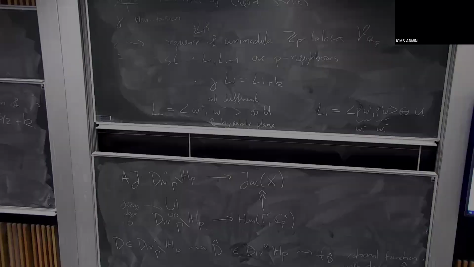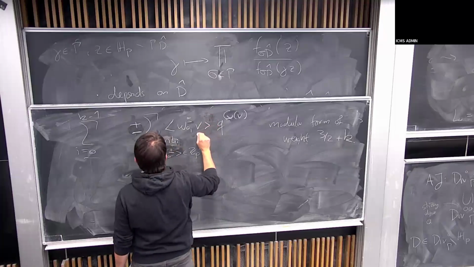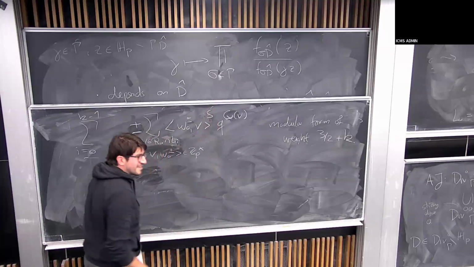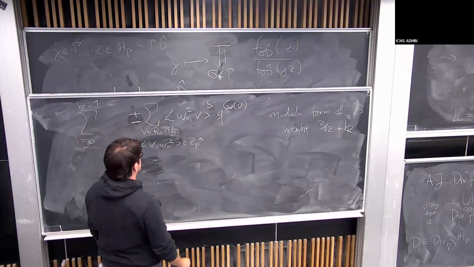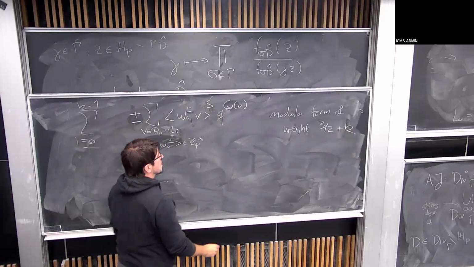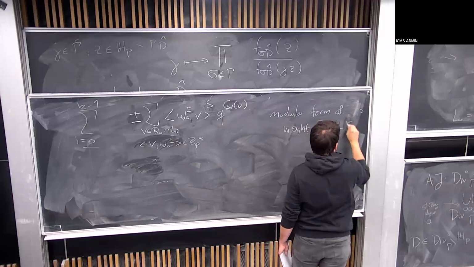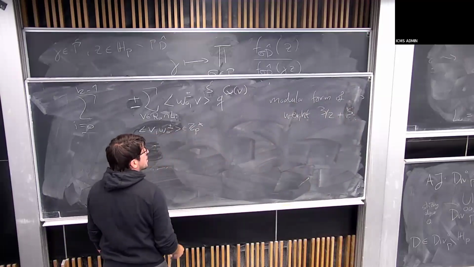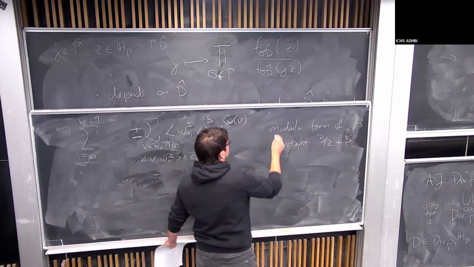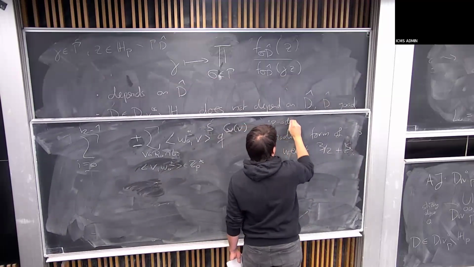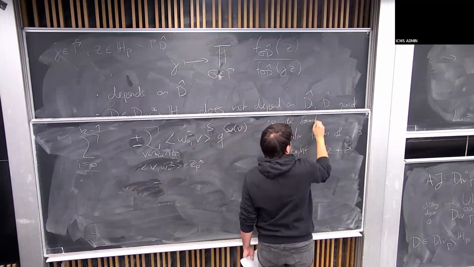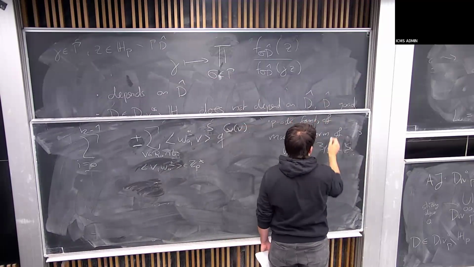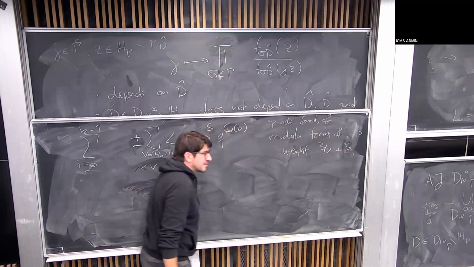Okay. And so now this is really like a p-adic family of Euler forms, of weight 3/2 plus s.